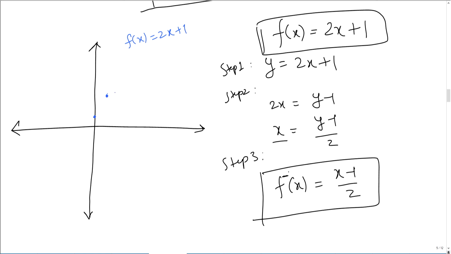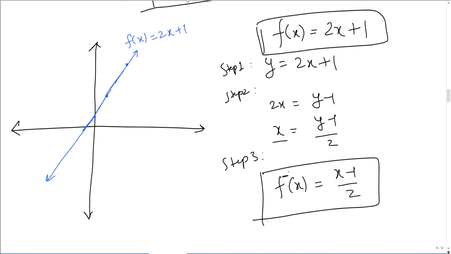At x equals 2, the value is 5, somewhere here. So this is a straight line, right? You know this is an equation of a straight line. This is how it would look. It would extend in both directions like this. So this is the graph of the function f of x equals 2x plus 1.